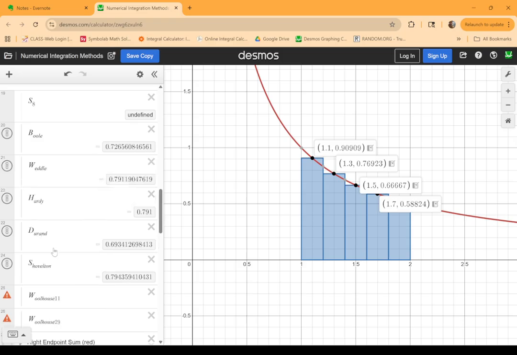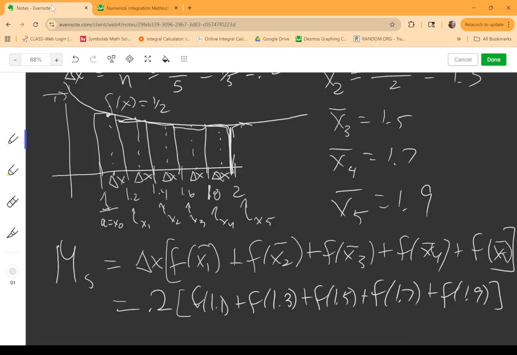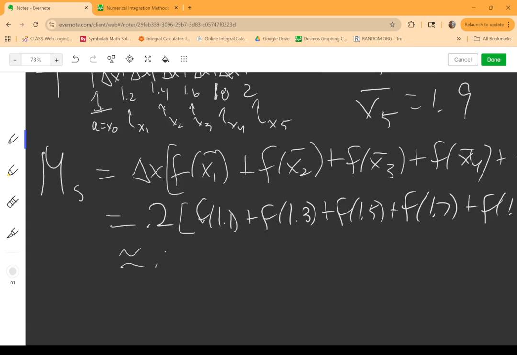All right, and we see that the midpoint, and this does the calculation already for me, is 0.6919. So adding all these up, we have approximately 0.6919, and that is an approximation to the definite integral from 1 to 2 of 1 over x dx.